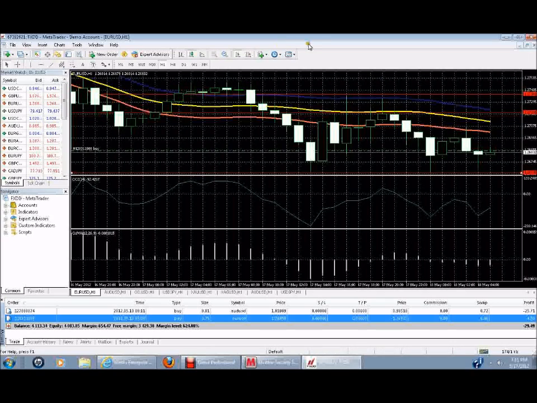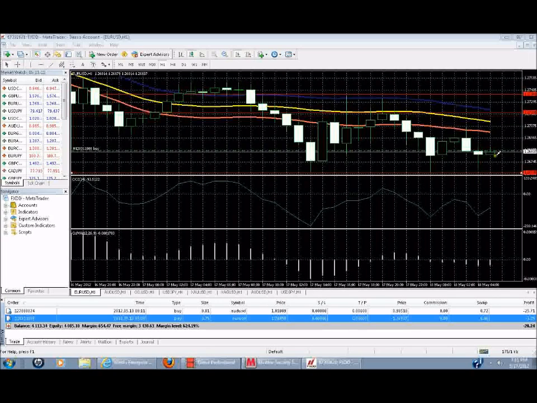Now if we look closely, that is way below. That's 20 pips from here to here. So this is 30 pips. It's a 30 pip stop loss. You got it?